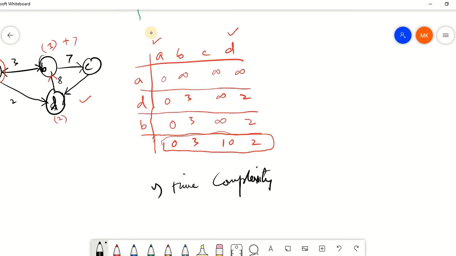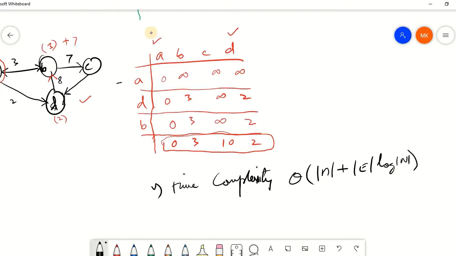The one that we are using so far in our algorithm is basically going to have a time complexity of N, that is the total number of nodes that we have, plus E, that is all the edges that we have, with log of N. Now let's have a look at how we came up with this complexity.